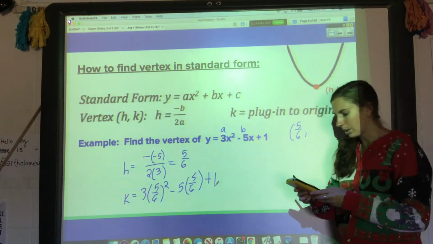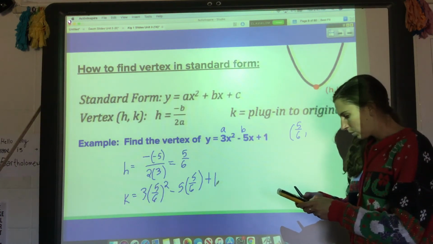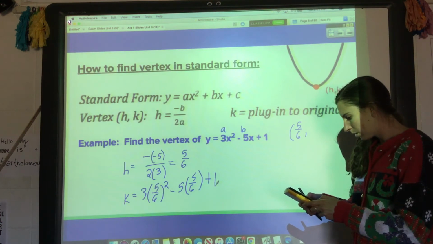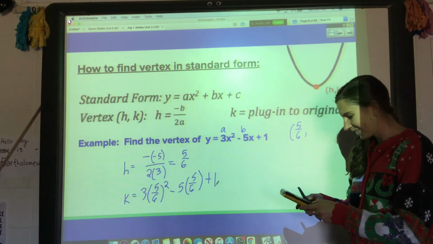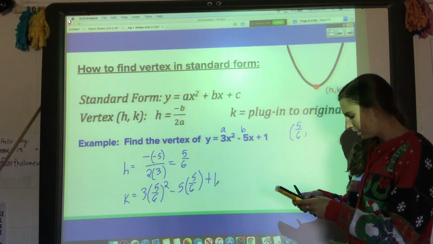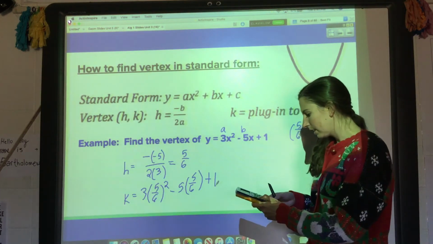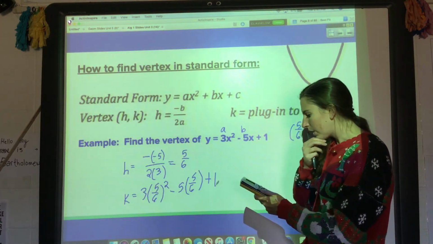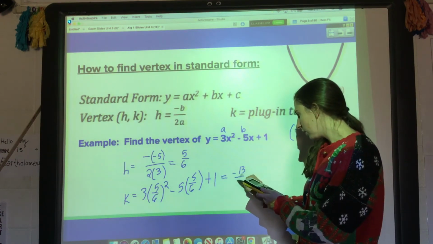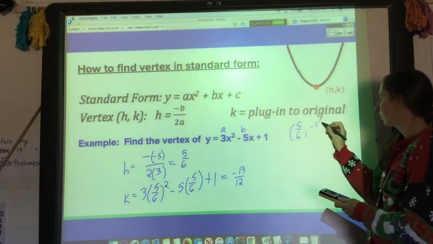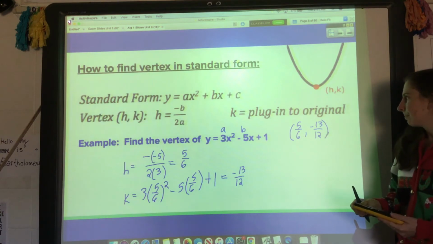I'm definitely just going to put all that in my calculator. 3 times 5/6 squared minus 5 times 5/6 plus 1. And all of this is negative 1.083 repeating. I'm going to make that a fraction, which is negative 13/12. So there is the vertex for this one.